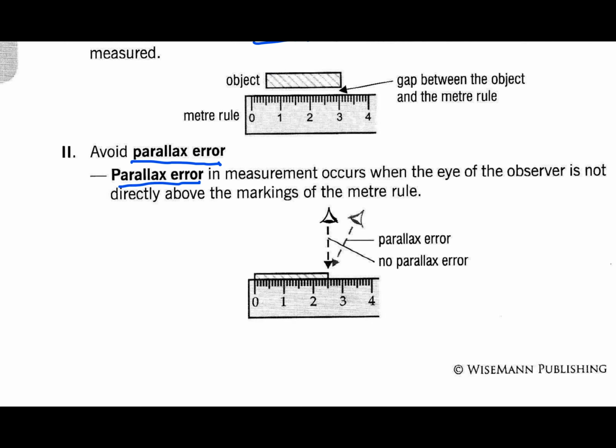To eliminate parallax error, one must always take the measurement directly above it. If we were to measure from here, our reading will be too short. If we measure from here, then the reading will be too long.